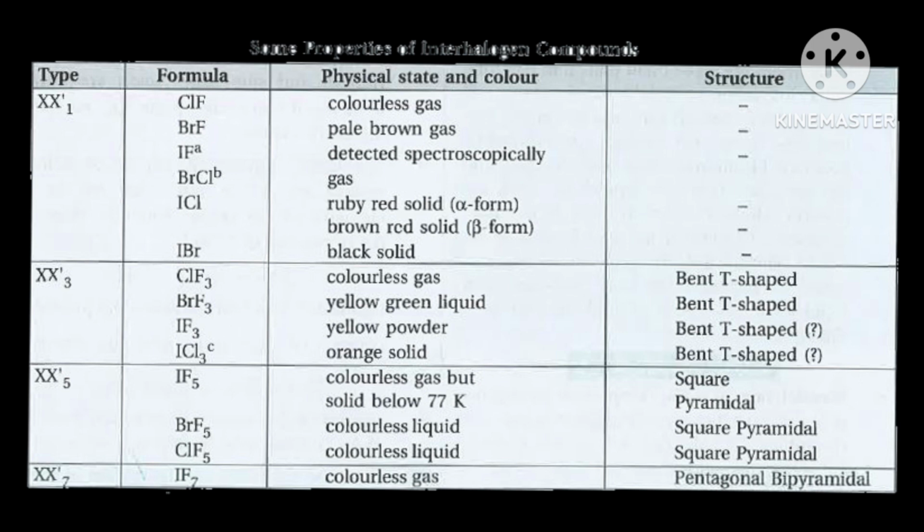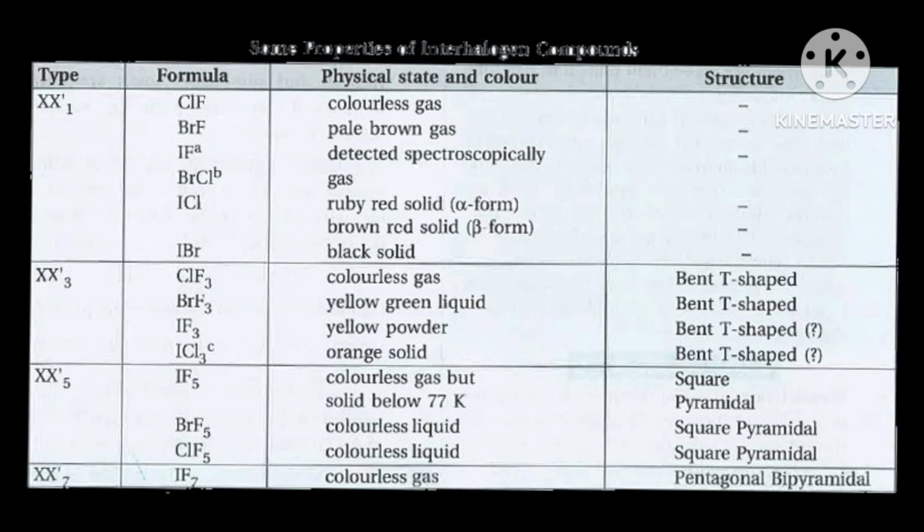Question is asked. All interhalogen compounds undergo hydrolysis, giving halide ion. Now the condition I am telling you. All these interhalogen compounds undergo hydrolysis, meaning H2O will break into H and OH.